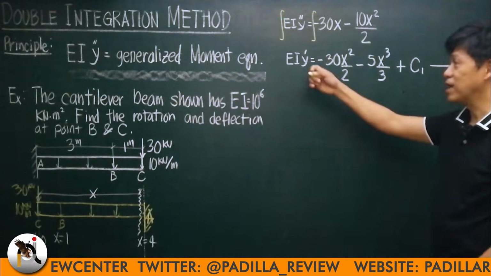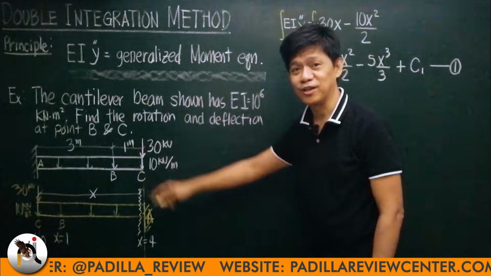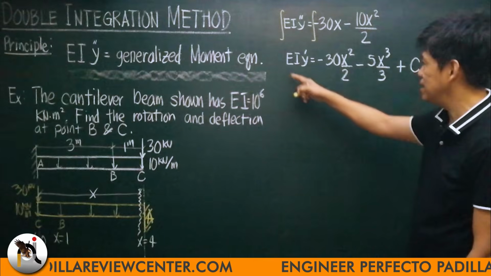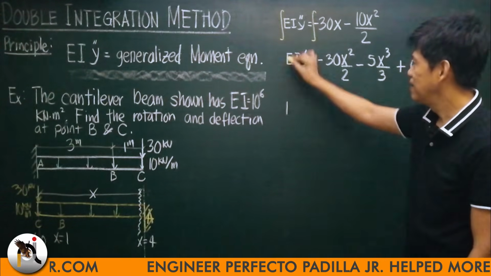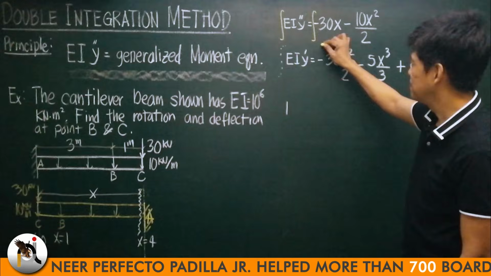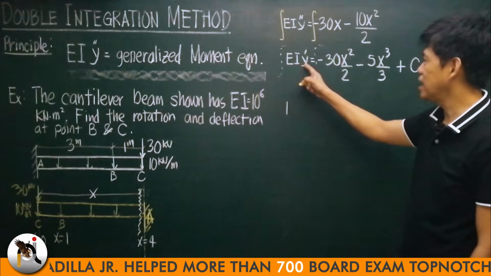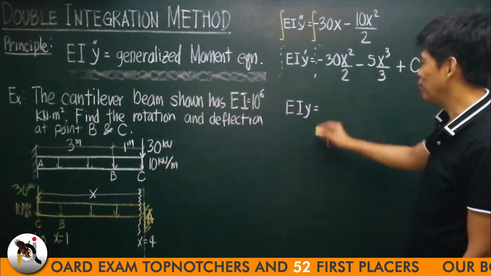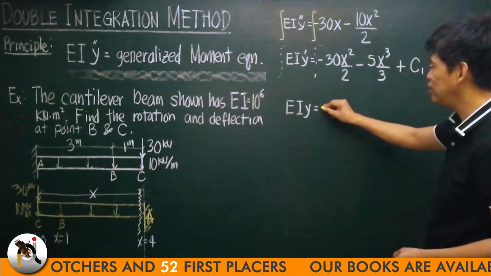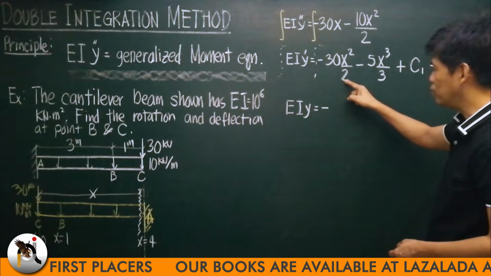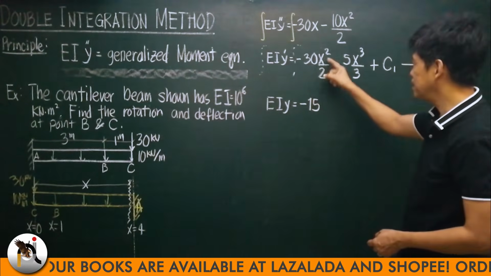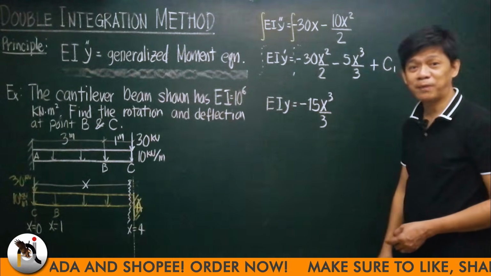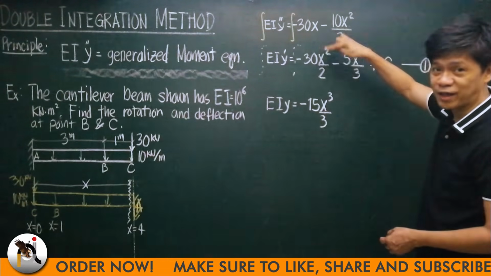So this will handle our rotation problem. Now, integrating again, for the second time, integrate everything. The integral of y prime is y. You get it? It equals minus 30 over 2, which is 15, times the integral of x squared, which is x cubed over 3 by the power formula, plus 1 over the result.